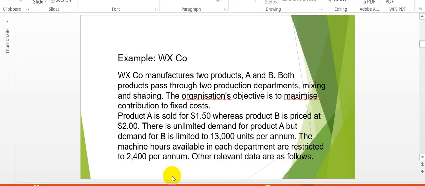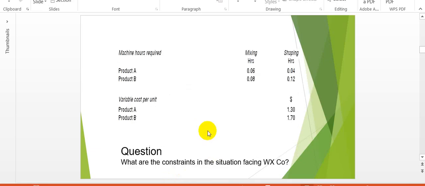We are then told the machine hours available in each department are restricted to 2,400 per annum. Then we are given other relevant data as follows. We are given the machine hours required in each department for each product.